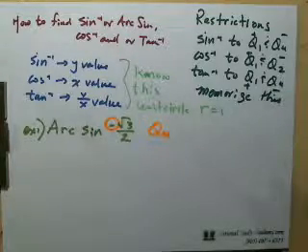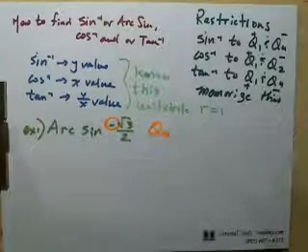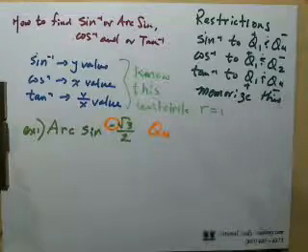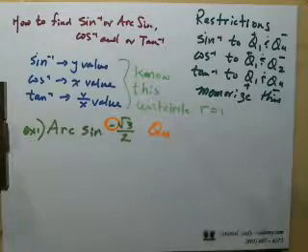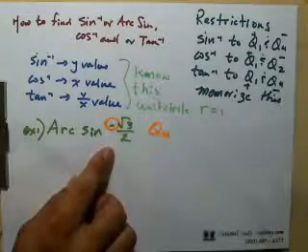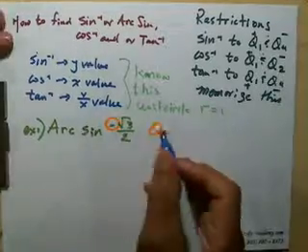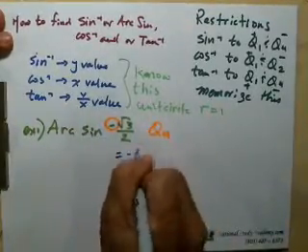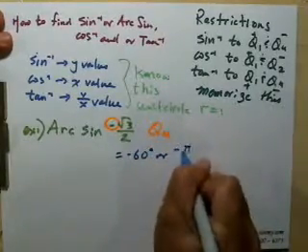Either you're going to have to memorize the unit circle, or you have to reproduce it with a piece of paper that the teacher is going to give you. I know that negative root 3 over 2 is going to be 60 degrees negative, so that's equal to negative 60 degrees, or in radians, negative pi over 3.